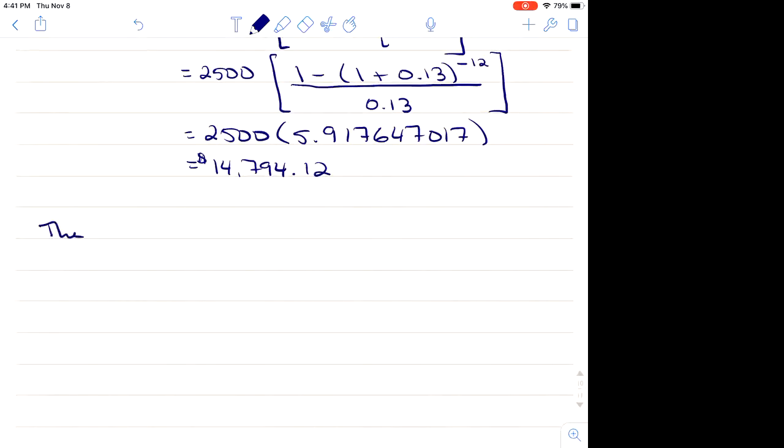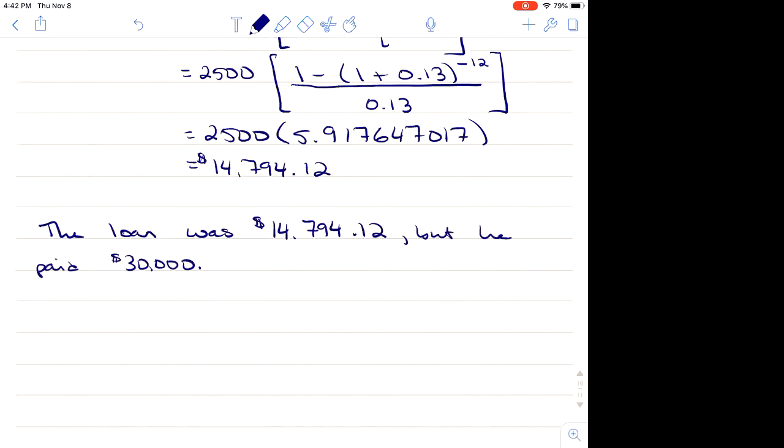So the loan was $14,794.12, but he paid $2,500 times 12, which is $30,000. That sounds terrible. But that's loans for you, I guess.